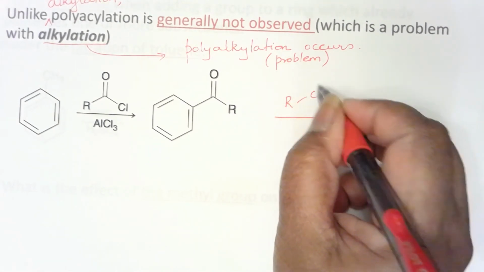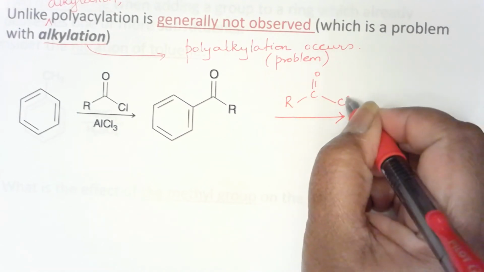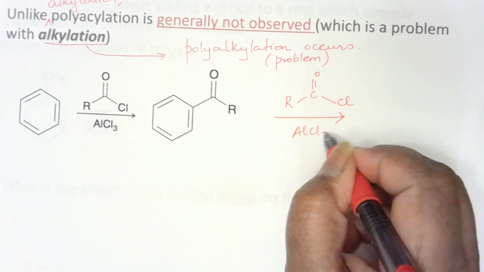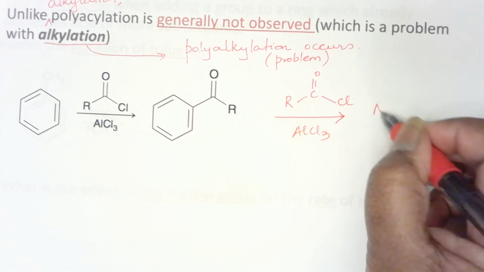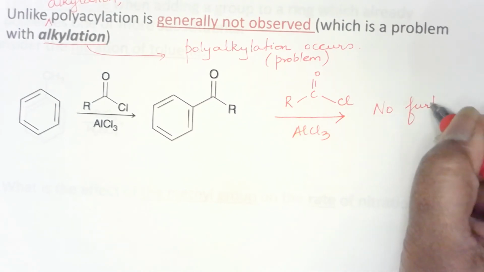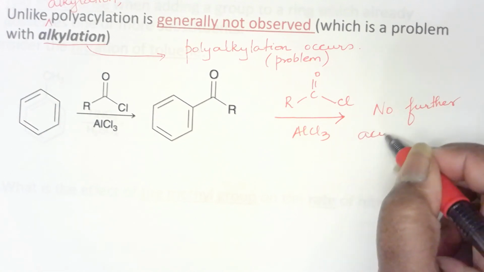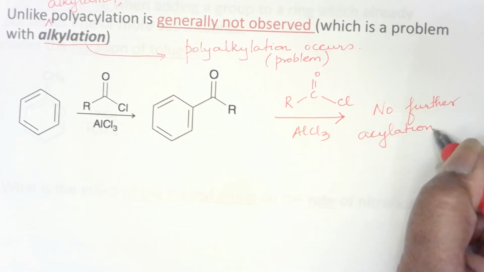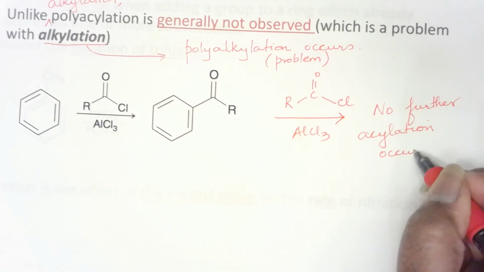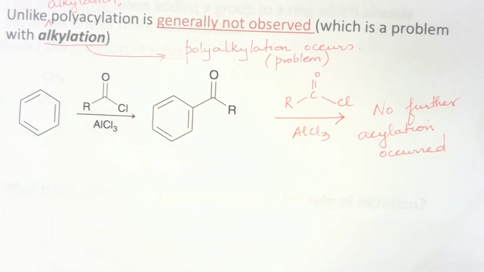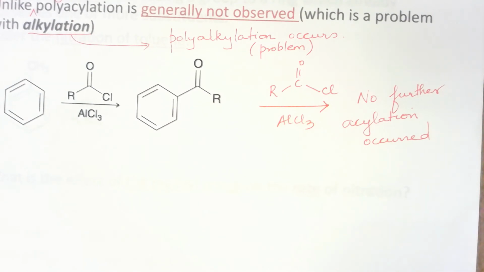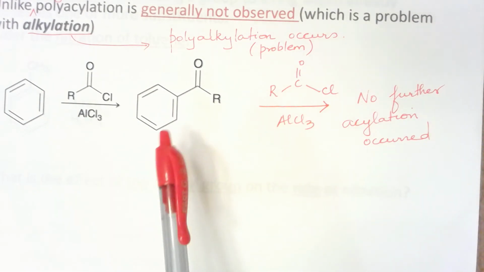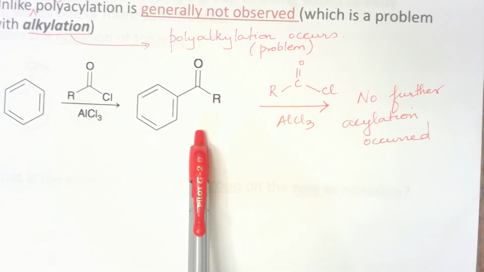Even if you had excess of the acyl chloride, no further acylation occurred. So polyacylation was avoided, which is a good thing because you expect to produce a simple ketone, and that's what you get.